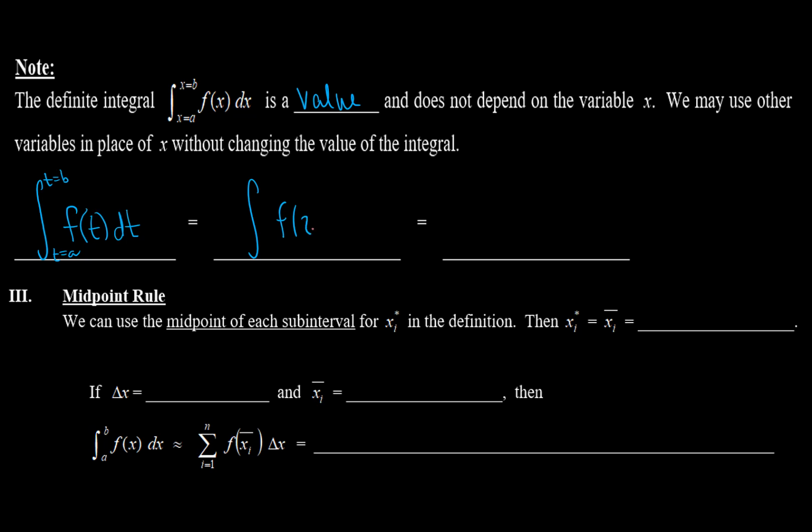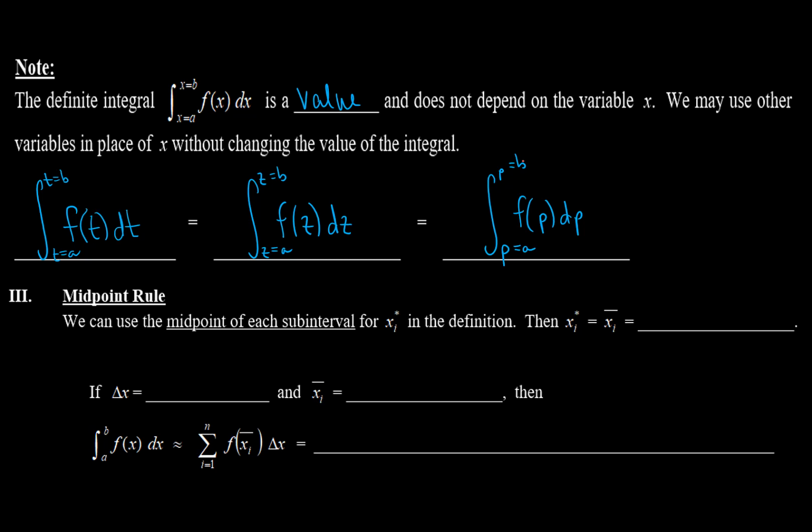So I would do f of z dz, and I would do it as z goes from a to b. Let's pick another variable. How about p? f of p dp, and then as p goes from a to b. Yeah, so we can write it quite a few ways.